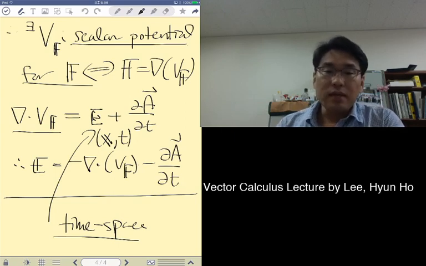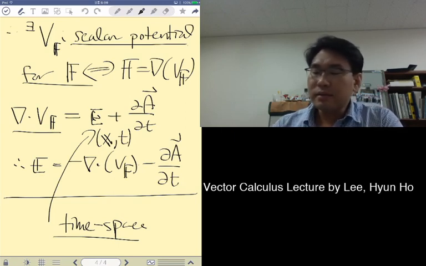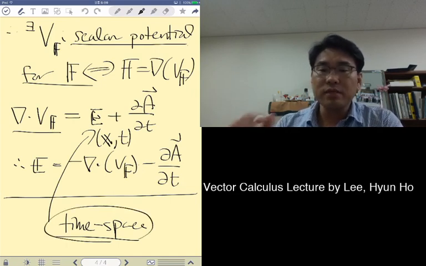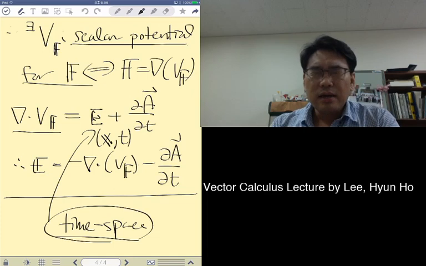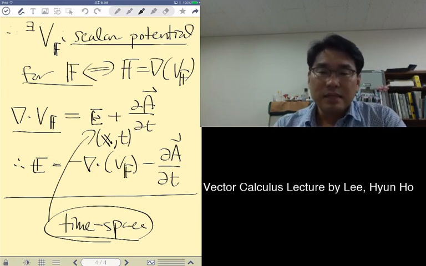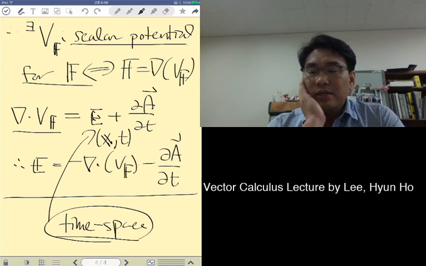This time-space actually comes from Einstein's special relativity. Special relativity says that there is no object which is faster than the speed of light.